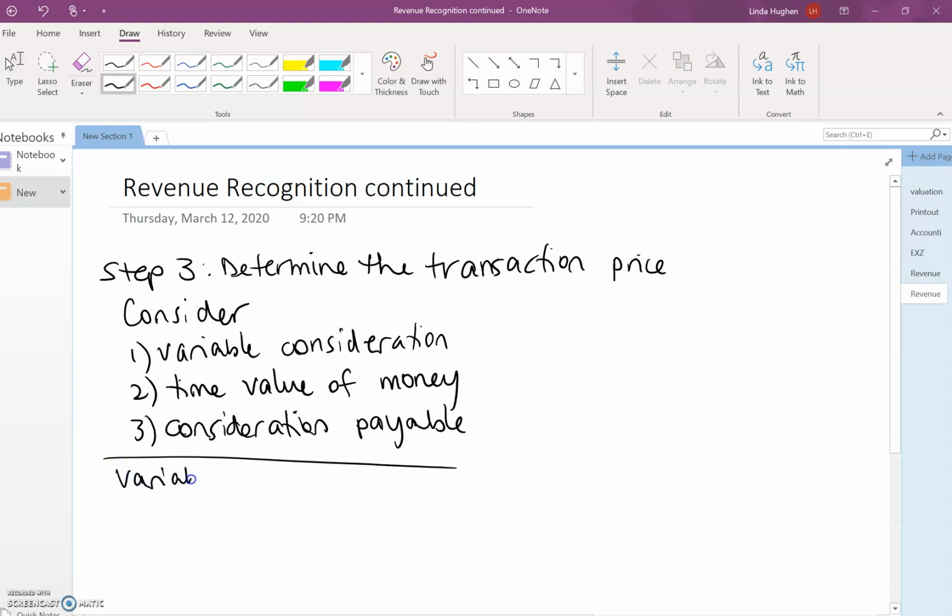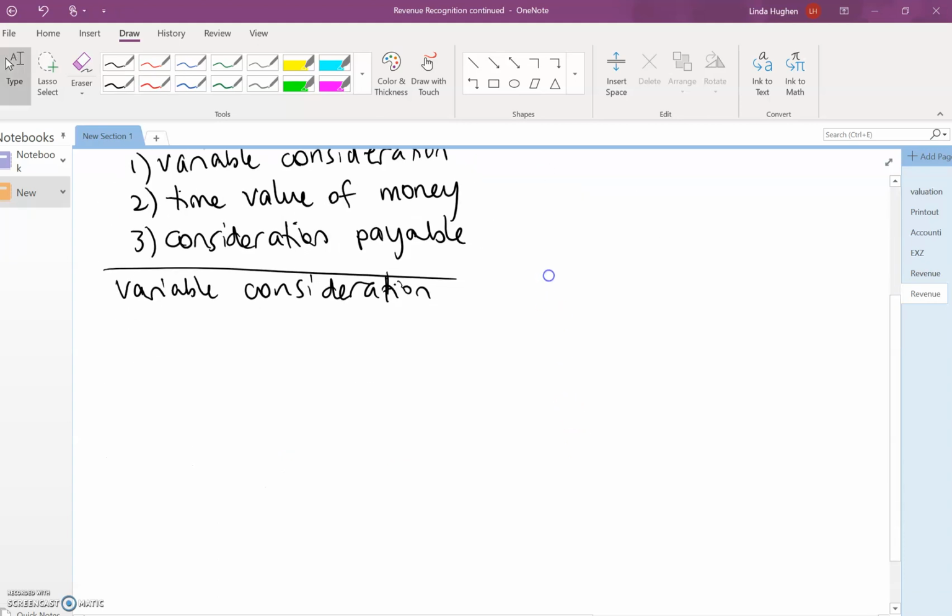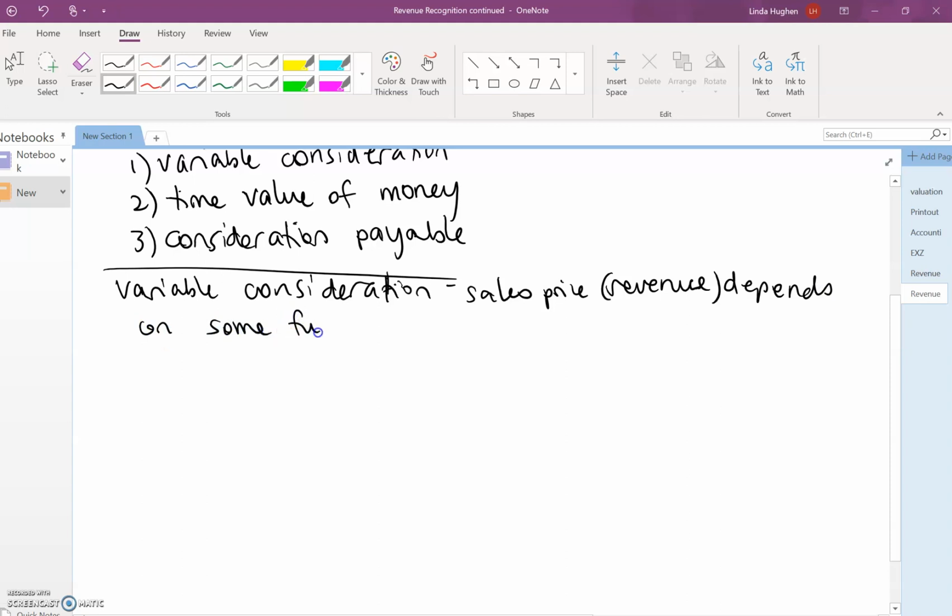Variable consideration. Well, when we say consideration, typically we mean, what are we going to receive when we have a sale? Typically, of course, it's going to be cash. Variable means that the sales price or revenue depends on some future event or outcome.